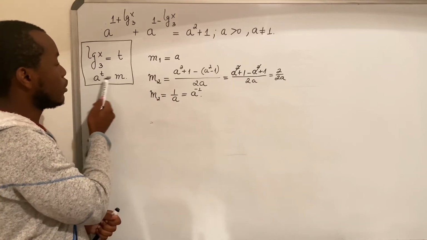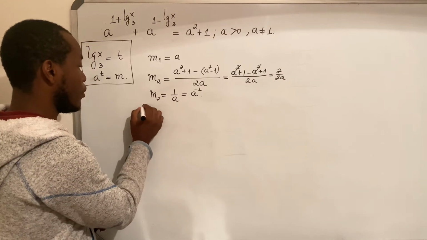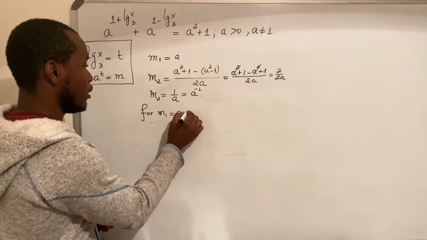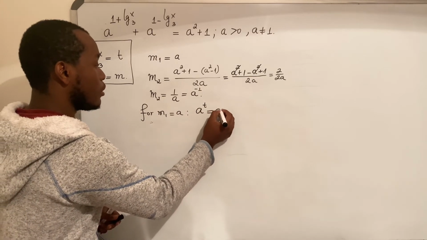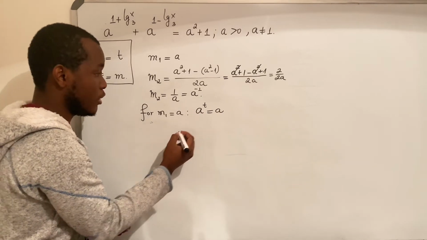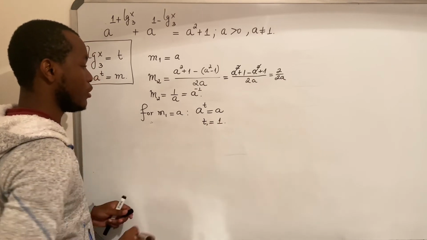Now we substitute here to have the value of t. For m1 equal to a, that implies a to the power t equals a. The bases are now equal, then we equate the exponents. So t is going to be equal to 1. I can say this is t1.